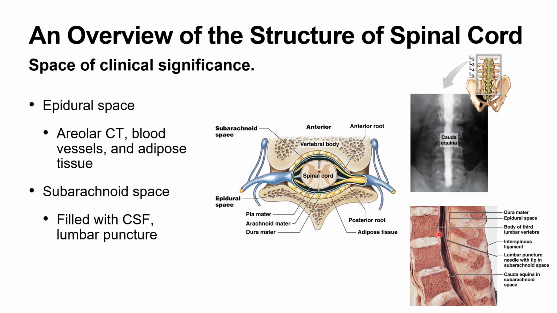What happens is when we take a needle and we pierce the posterior soft tissue region of the spinal column, and we go into the dura mater with our needle, aquadynamics are going to allow for the fibers of the cauda equina to move out of the way of the needle so that the needle can safely take a sample of CSF without worry, or without too much worry, of damaging those delicate nervous system structures.